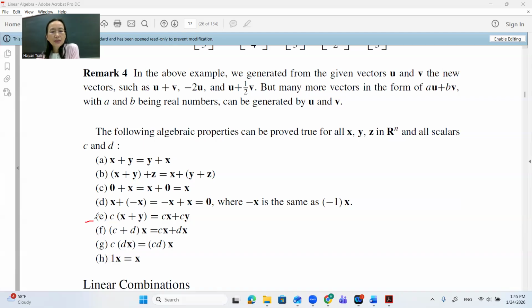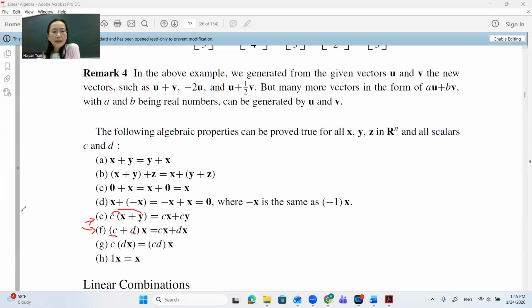You see both are distributive. It's the c onto each vector, and this is the two scalars onto the vector x.